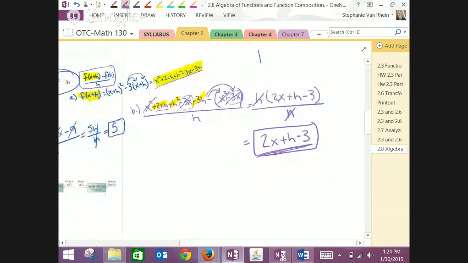So what this is saying is the slope at x equals 1 is going to be plugging 1 into this function, which would be minus 1. The slope, because h goes to 0. And that's what you do in calculus, you take the limit. Remember, h is the distance between x and x plus h. So if h went to 0, that would give me the slope at 1 point, which is the definition of the derivative.